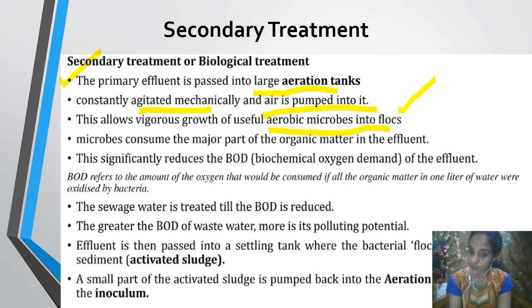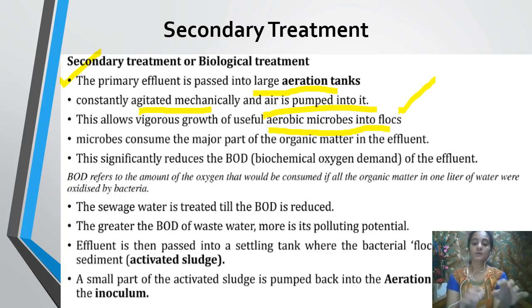And if the BOD is high, that means the water is more polluting. So BOD is a measurement. We can check the BOD of any water, and we can say whether the water is highly polluted or less polluted. So BOD can be taken as a measurement to calculate the pollution level of that water.